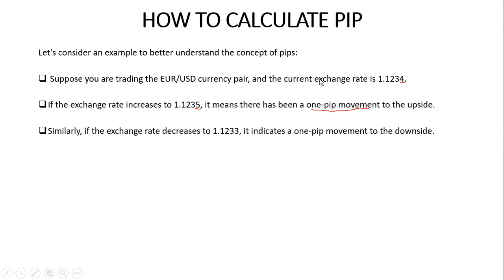So we are still using the same exchange rate, but in the second example, we are saying that it has decreased to 1.1233. So the last number, which is 4 from here, has changed to 3. So there's 1 PIP movement to the downside. That is what it means.